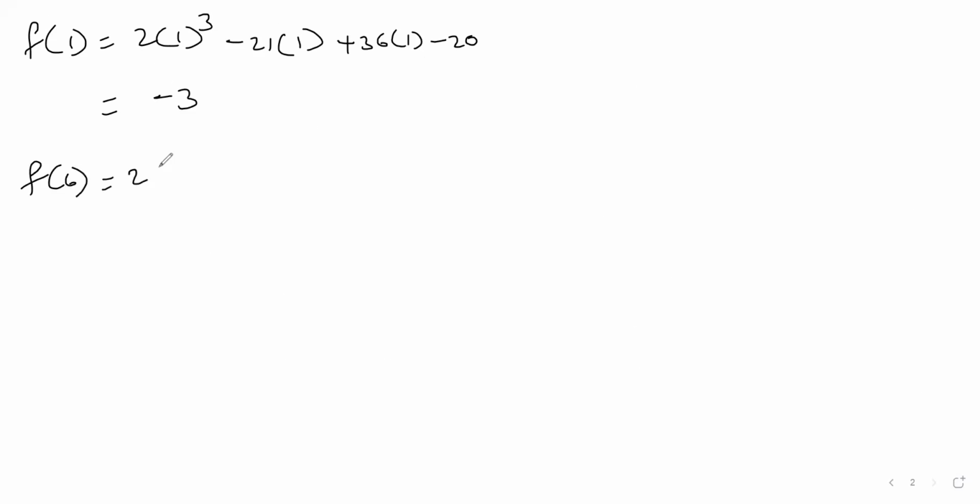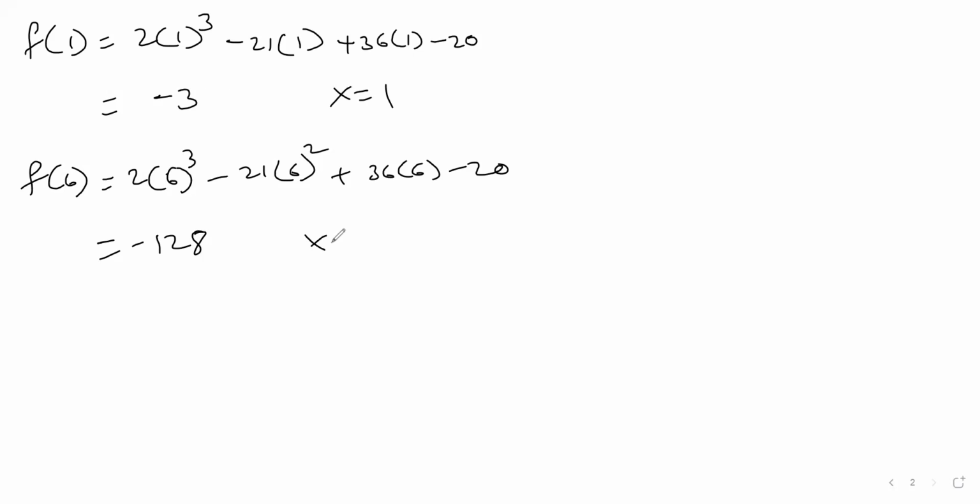And f of 6 is 2 into 6 cube minus 21 into 6 square plus 36 into 6 minus 20. This will become minus 128. So minimum value is minus 128, maximum value is minus 3. At x is equal to 1 it is maximum and at x is equal to 6 it is minimum. This is how we will solve the sums.